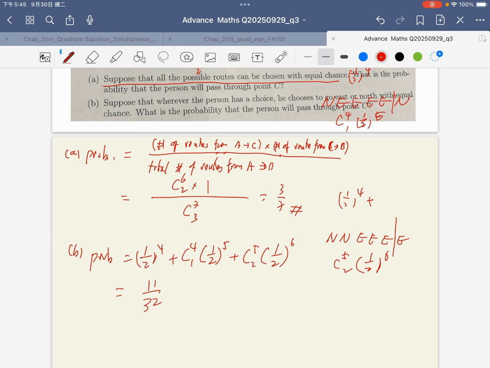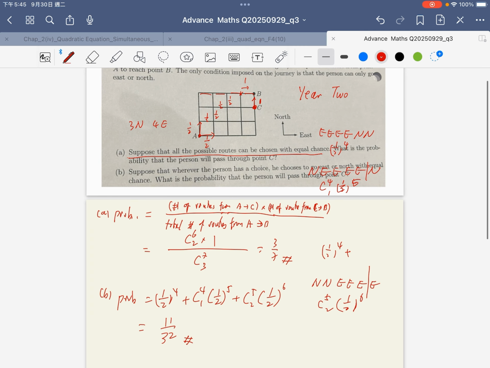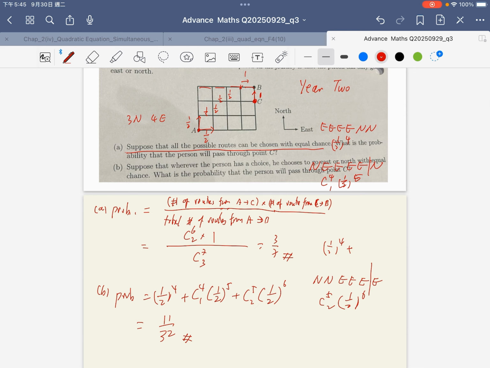The former is 3 over 7, and this time it is 11 over 32. It is so amazing, they are actually different. Why? What's the matter? I actually don't know the theory behind this, but the final result is actually different.